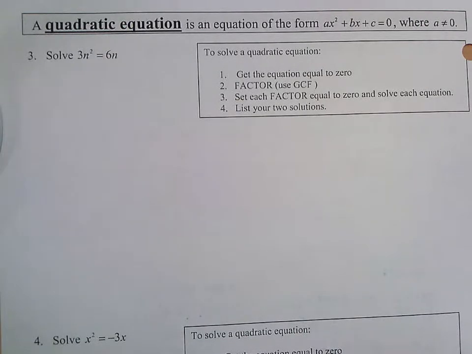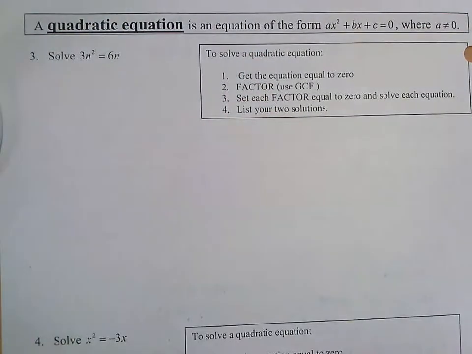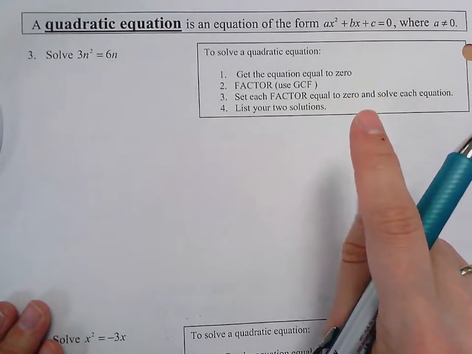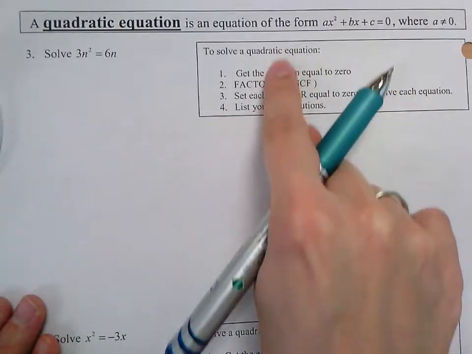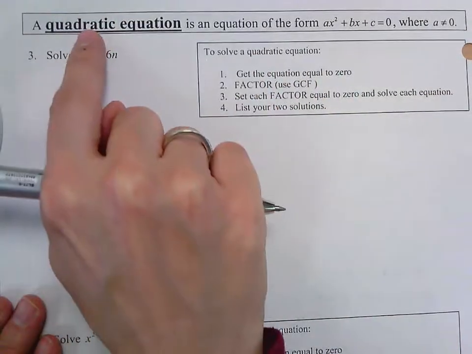Those two examples, the equation was already in factored form. These examples on the back, 3 and 4, are not in factored form. So I have the steps here for how to solve a quadratic equation up above.